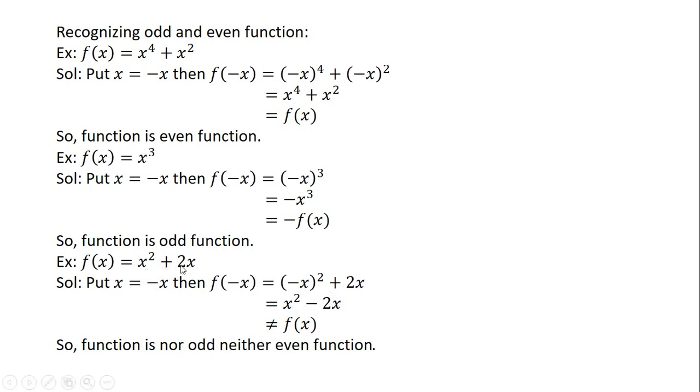We have the function x square plus 2x, but when we put minus x, it becomes x square minus 2x. This is not the function value, so this function is neither odd nor even.